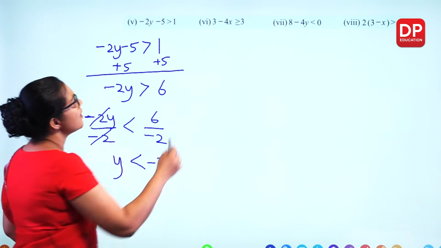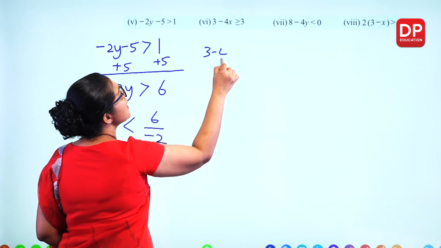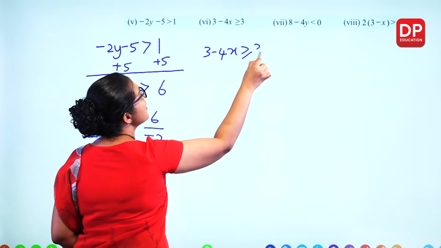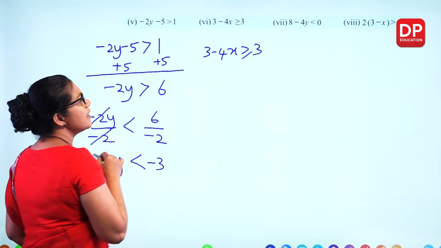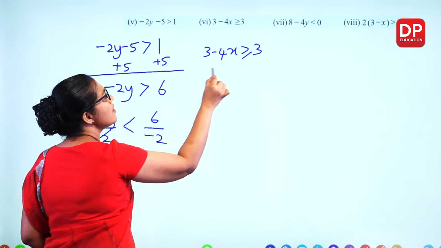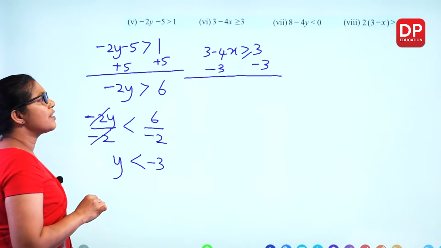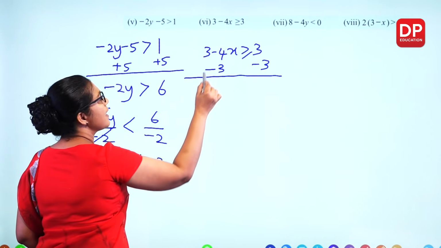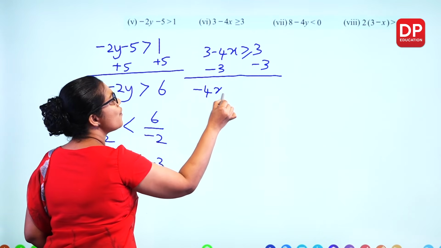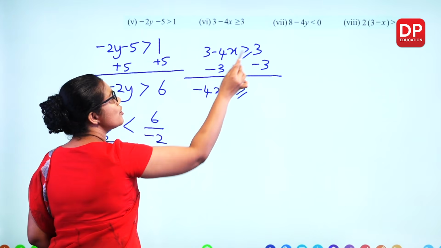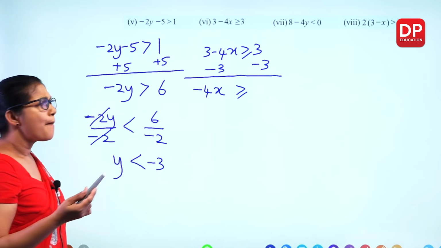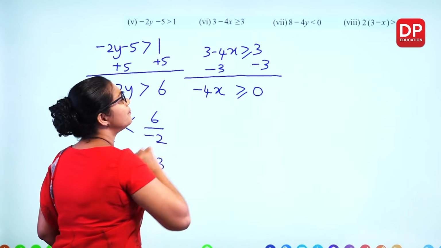Now we'll take this one. 3 minus 4x is greater than or equal to 3. Here 3 is extra. You need to get rid of this 3. When you are subtracting 3, what happens? 3 gets cancelled out. You get minus 4x greater than or equal to 3 minus 3, which becomes 0.